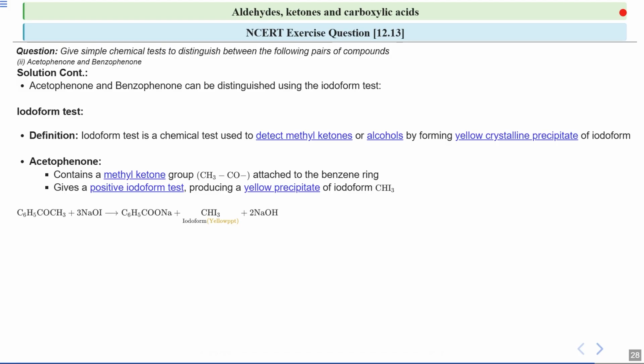When acetophenone reacts with sodium hypoiodide, which is NaOI, you will see that a yellow precipitate of triiodomethane is formed, which confirms the presence of a methyl ketone.